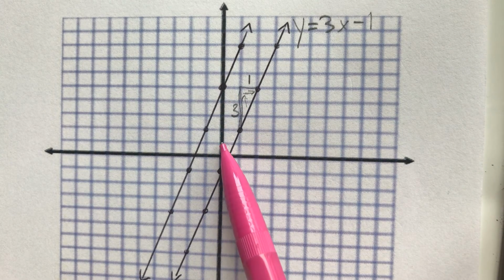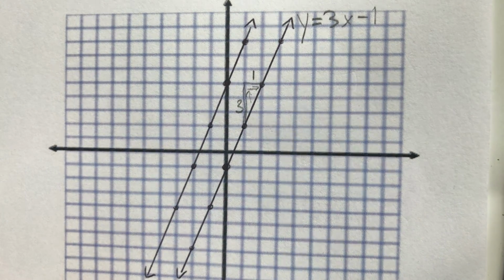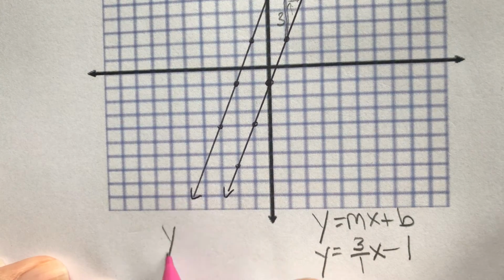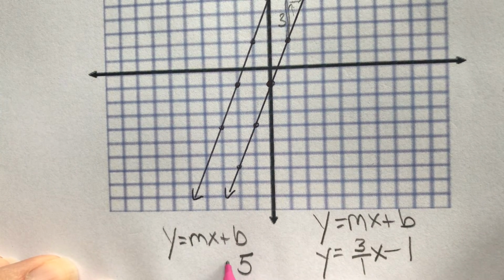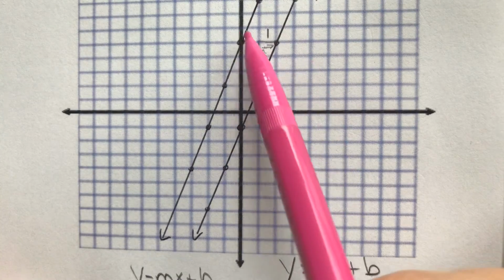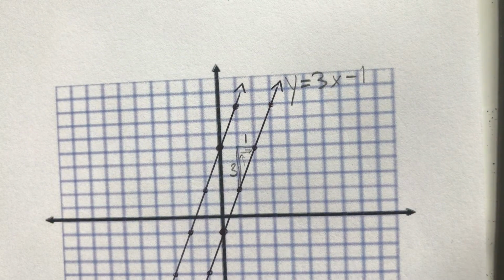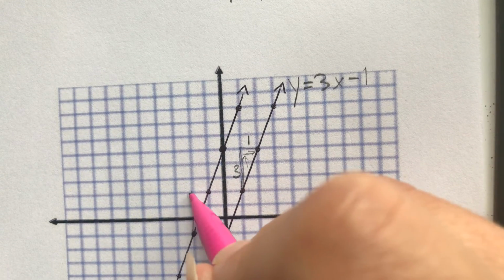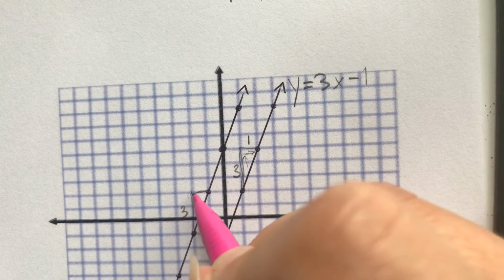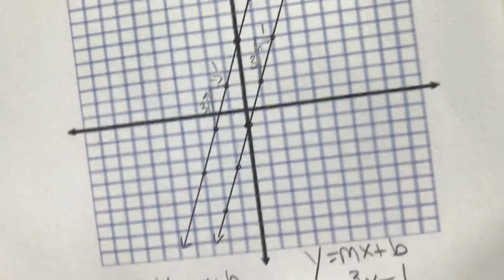Here, I'm up 1, 2, 3, 4. I'm at +5. And now my slope, well, hopefully you've already noticed, they're parallel. The slope is the same. Up 3 over 1, +3 over 1 again.